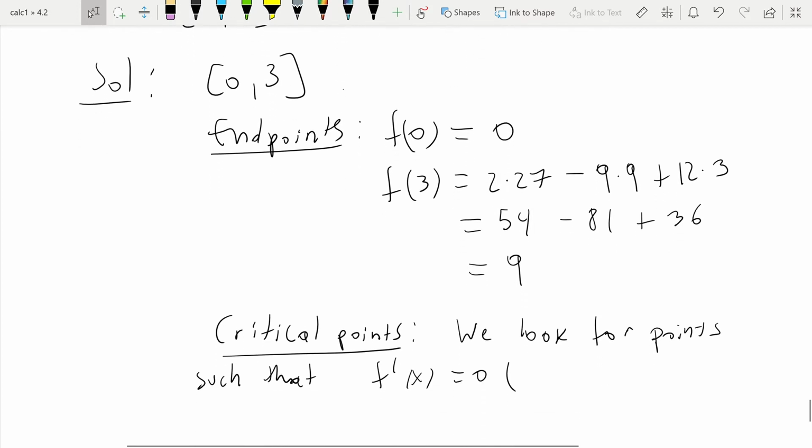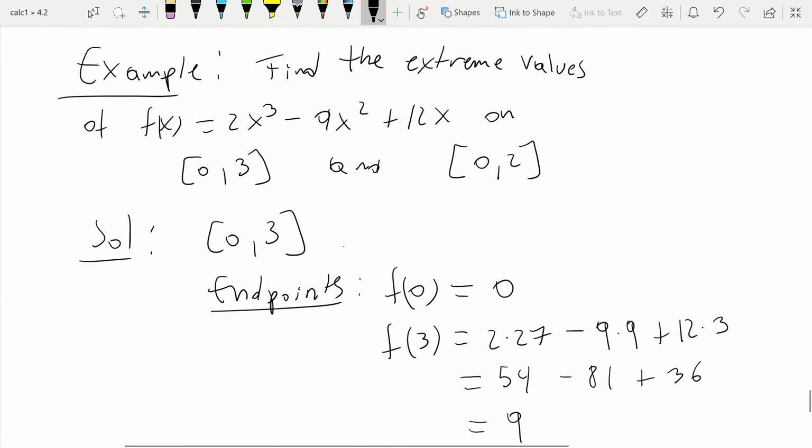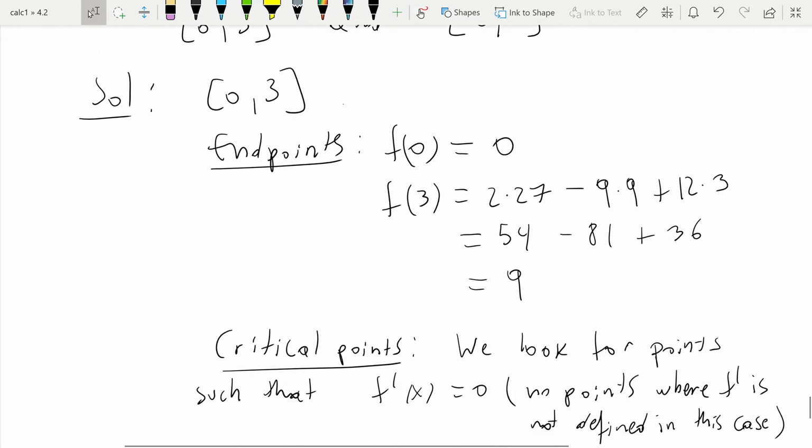So there are no points in this example where f prime is not defined. Okay, so let's differentiate f of x.